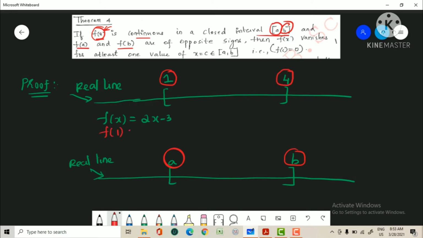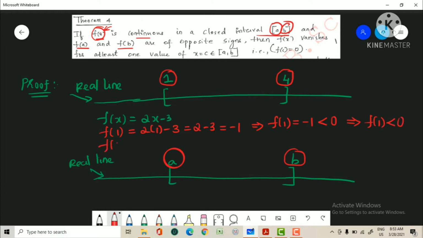F of 1 will give me 2 of 1 minus 3, is equal to 2 minus 3, that is equal to minus 1. This implies f of 1 is equal to minus 1, which is obviously less than 0. Correct? So I can write f of 1 is less than 0.